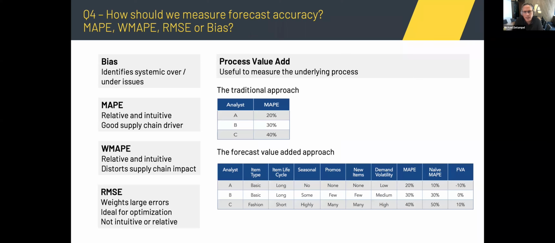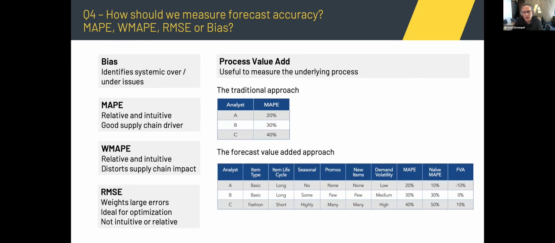As noted here, compare the process to a naive forecasting approach to help you understand where you're applying your overrides and your attention effectively. But ultimately, you need to measure the effectiveness of your process by looking at other KPIs, things like fill rates and inventory levels that are really the intent of the process.